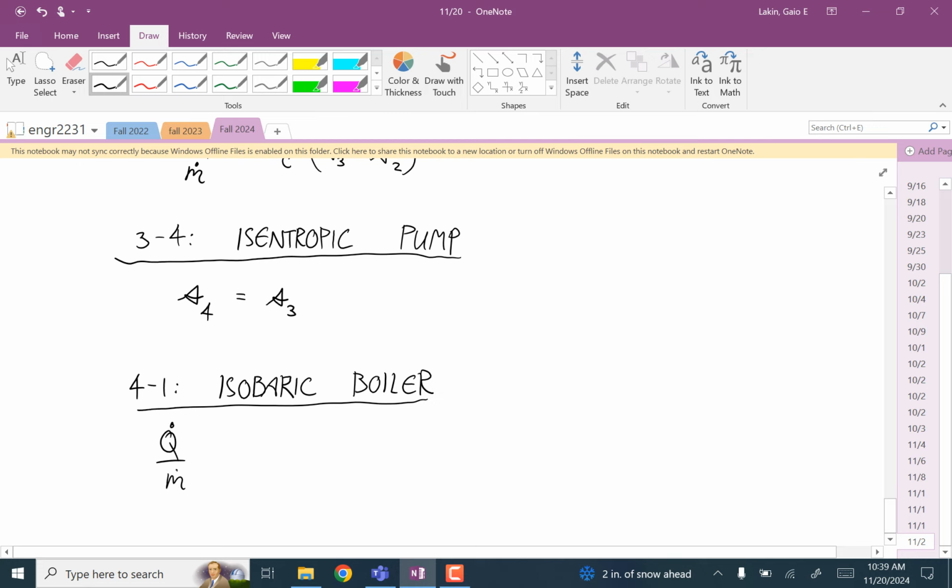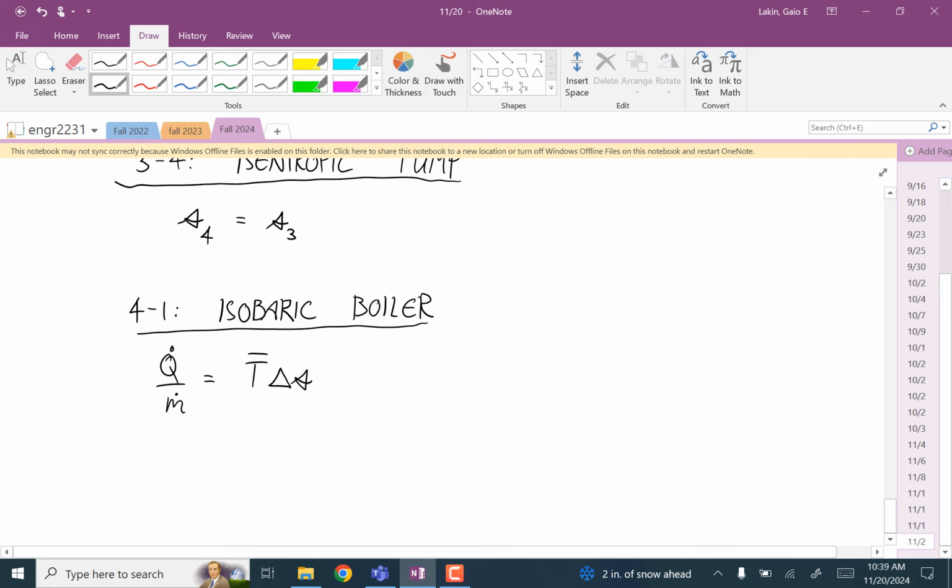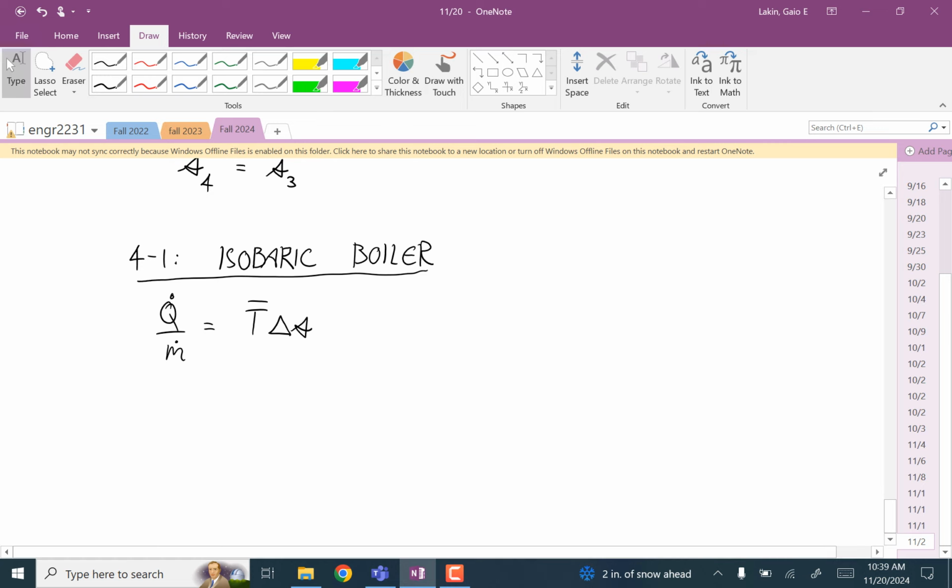Q dot over M dot is equal to T times delta specific entropy. This time, the heat we're dealing with is QH because we're at the boiler. That's positive, so we don't need the negative sign here.